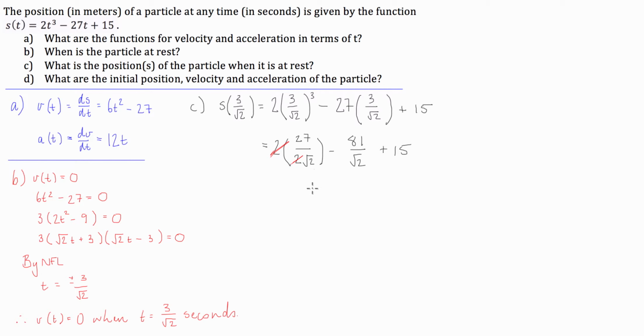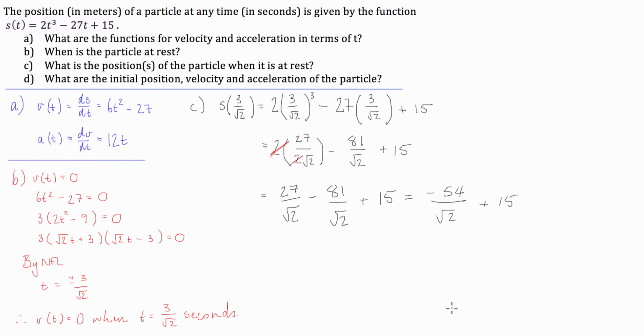So we're going to have that, and then we can write this as 27 divided by the square root of 2 minus 81 over the square root of 2 plus 15, which is equal to 27 minus 81, which is negative 54, divided by the square root of 2, plus 15.